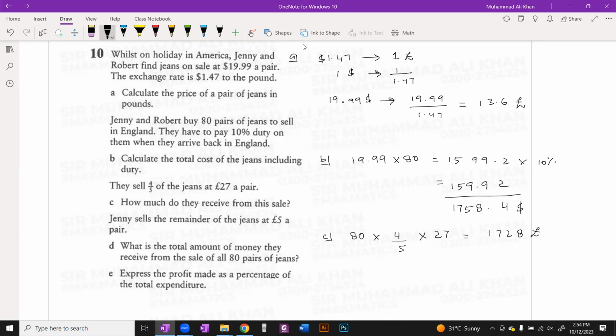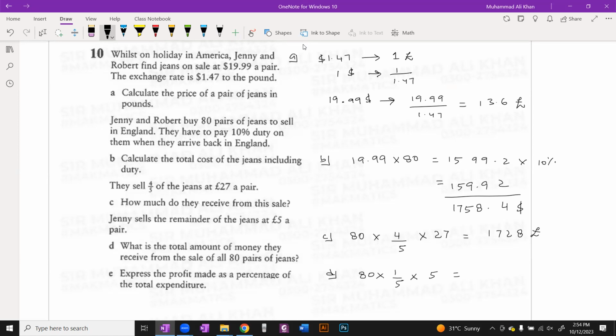Okay. After that, part D. Jenny sells the remainder of the jeans at £5. अब remaining jeans रह कितनी गई? हाँ, 80 multiplied by 1/5. These are the remaining jeans. Multiply by £5.